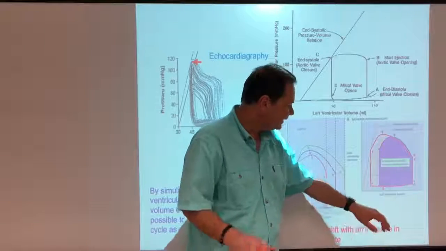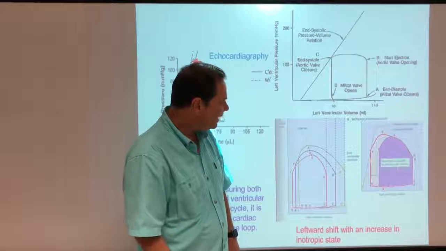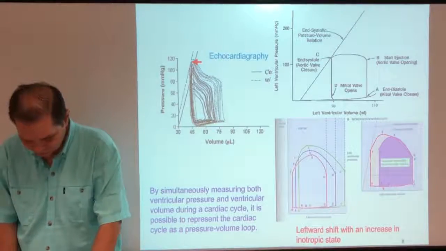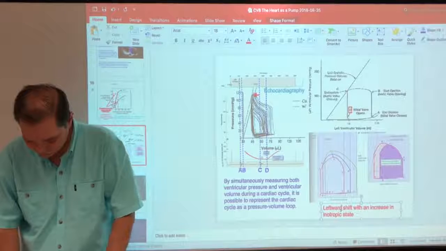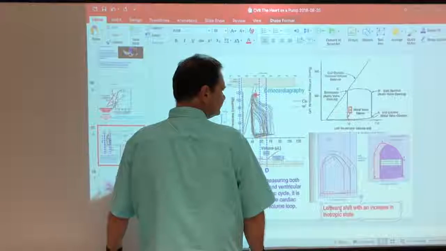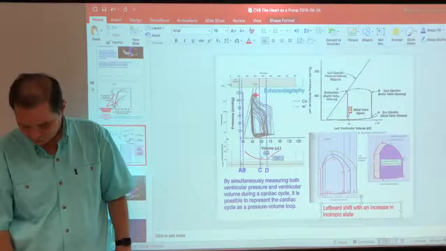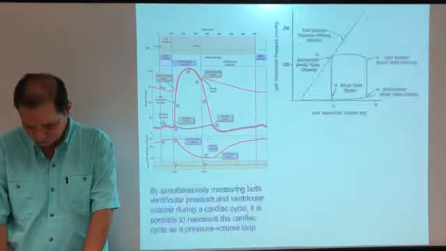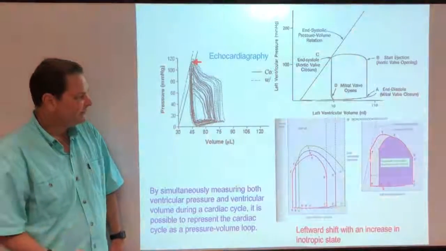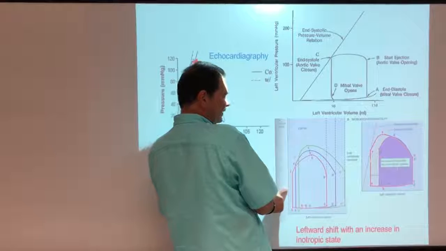If I change the contractility or the inotropic state, what I get is a shift in this end systolic pressure and volume relationship.